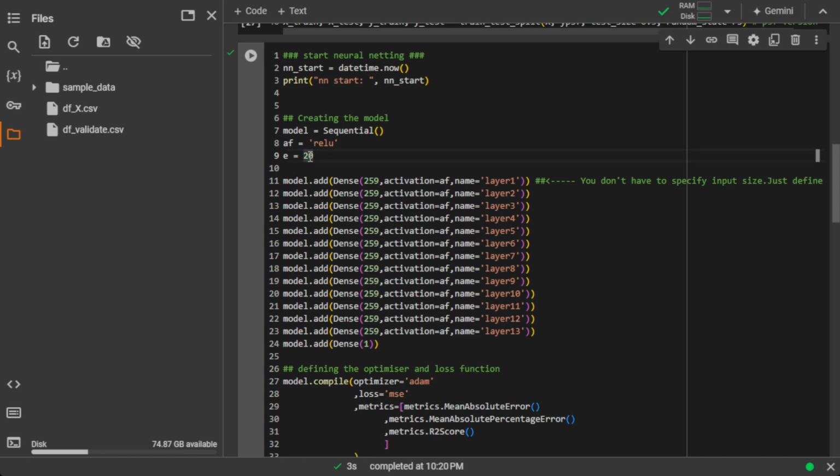Or I could set a number here and then multiply this number of rows. Like I could do this times E, right? Actually, let's do that and see what happens.